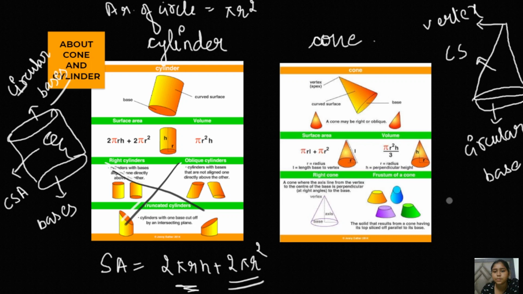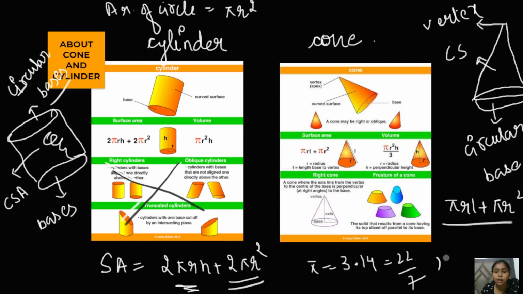Okay, so what do these terms mean? Pi is the constant value of 3.14 or 22 by 7, right? R is the radius. What is this L? This is something new for you. L is the slant height.